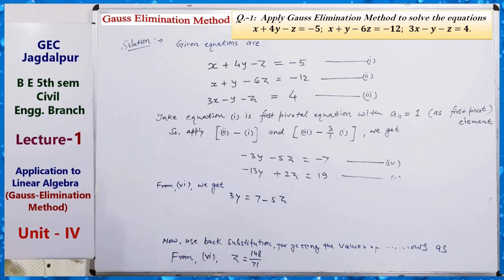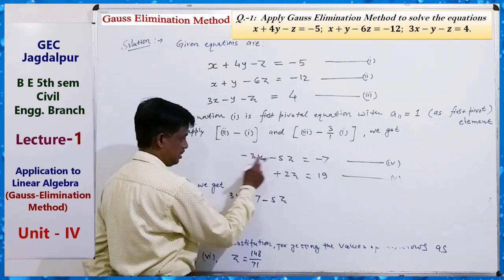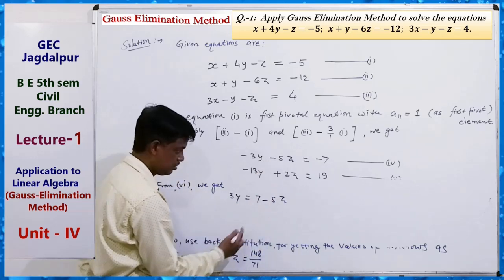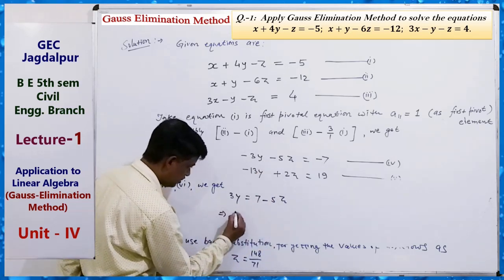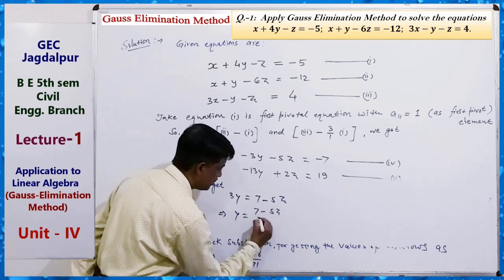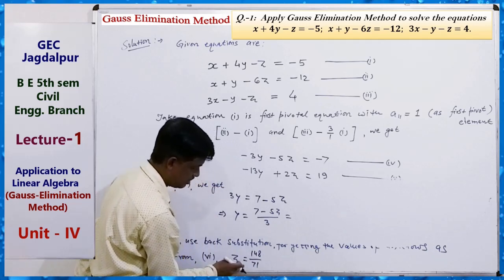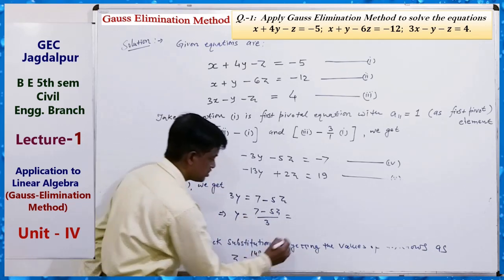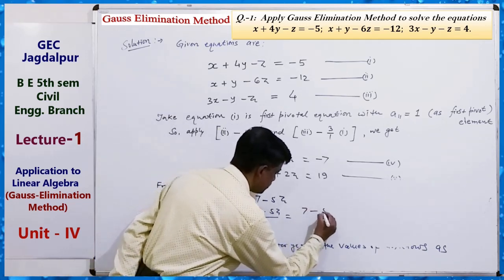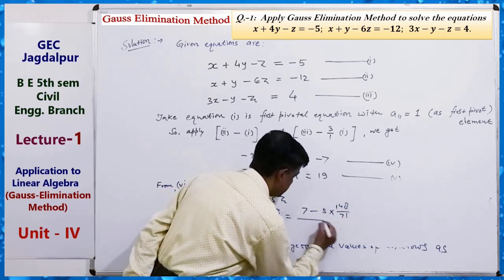So y equals to (7 minus 5z) upon 3. Just put the value of z here. So (7 minus 5 into 148 by 71) upon 3.